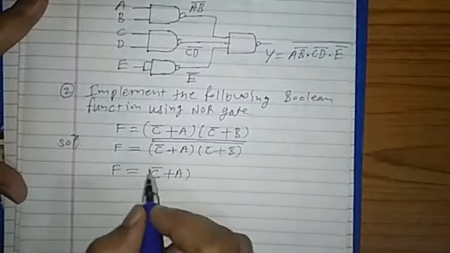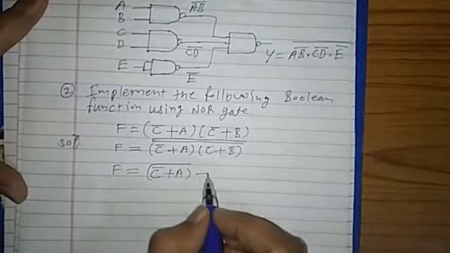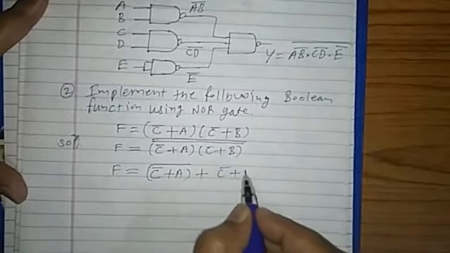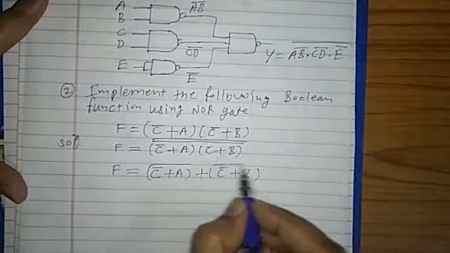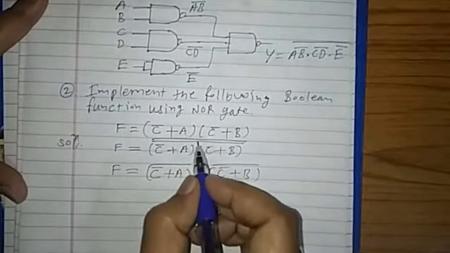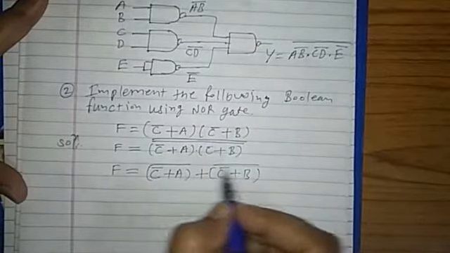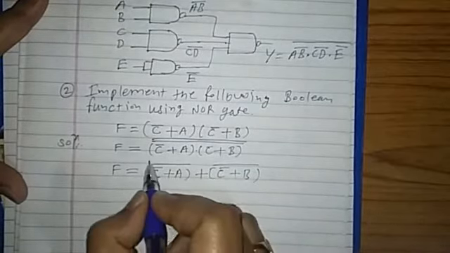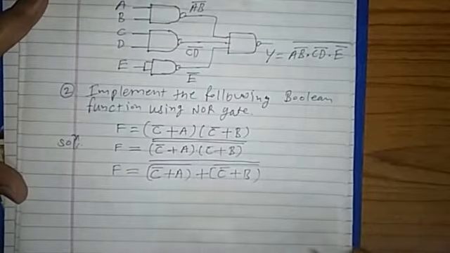Therefore C plus A whole bar plus C bar plus B whole bar. This is what complement of product is equal to sum of complement. This is the first step, and whole expression one complement.